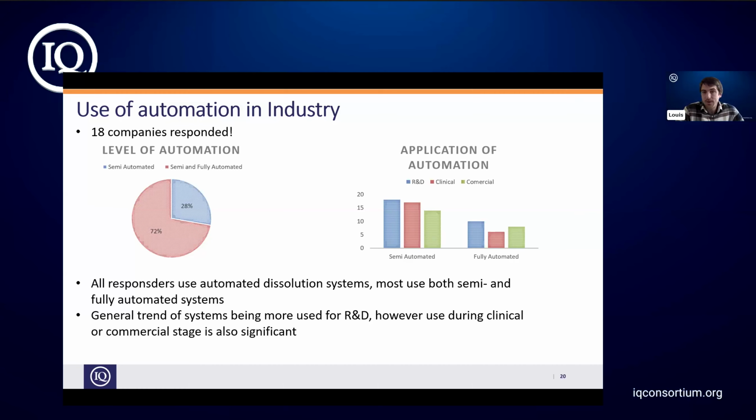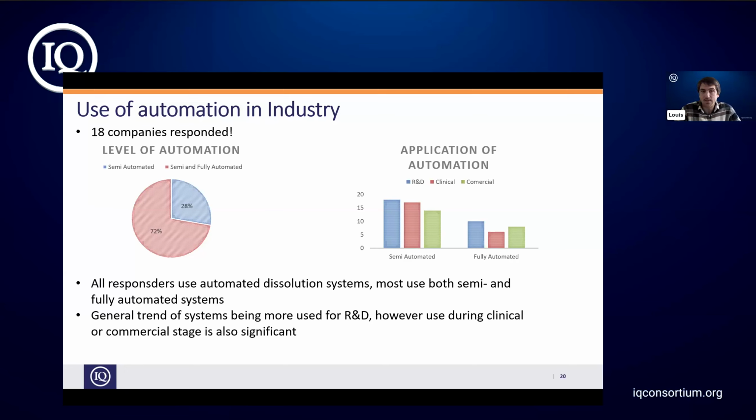Looking at fully automated dissolution testing, keeping in mind that only, let's say, 13 responders, I think, have fully automated systems, also close to all responders actually use their fully automated system in an R&D setting. And here the trend is a bit different, in that it's used a bit less in clinical settings, but actually more in a commercial setting.